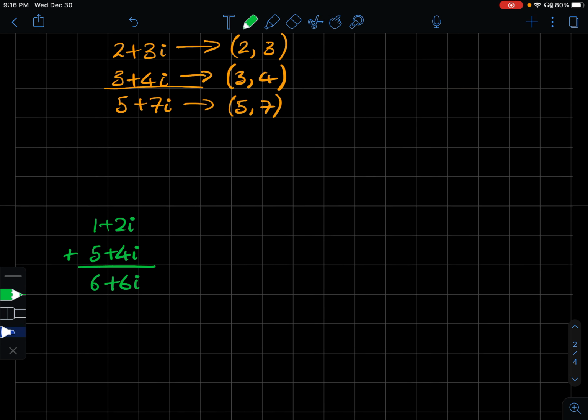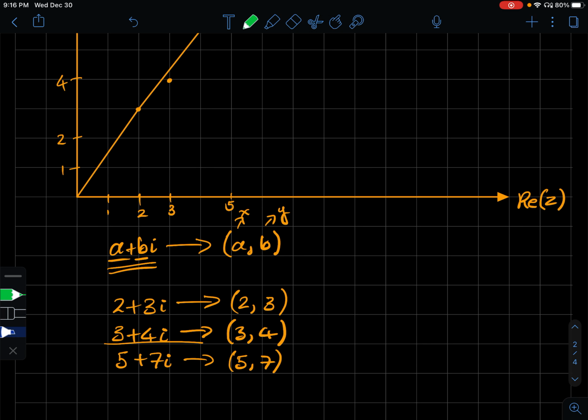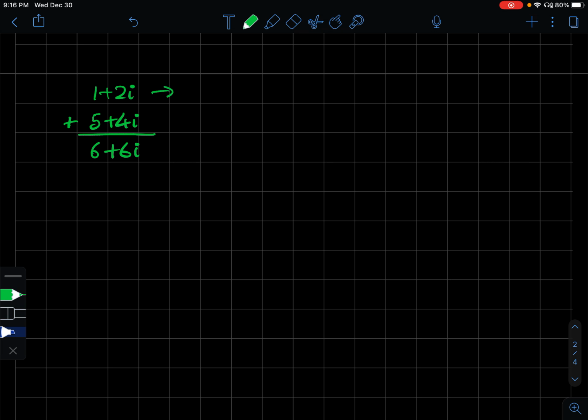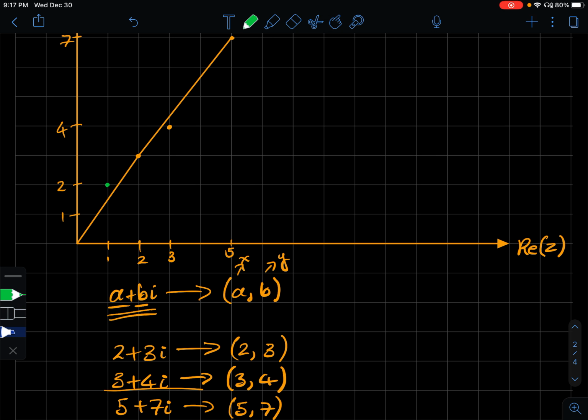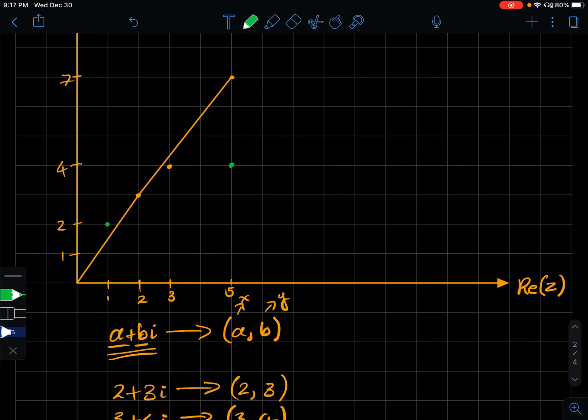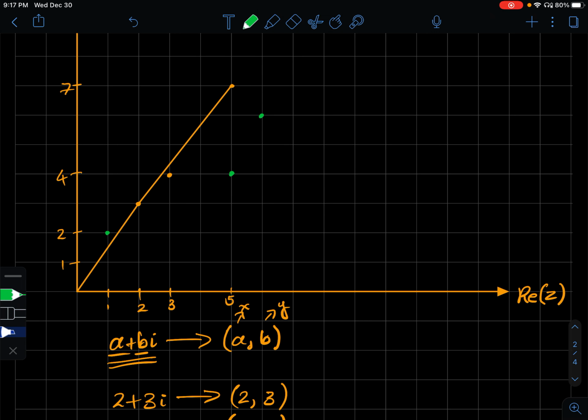Let's graph them on the plane. 1 plus 2i would be right there because it corresponds to the point (1, 2). Then 5 plus 4i corresponds to the point (5, 4). And 6 plus 6i corresponds to the point (6, 6). So now we just have to graph (5, 4) and (6, 6). (5, 4) is there, and (6, 6) would be there.